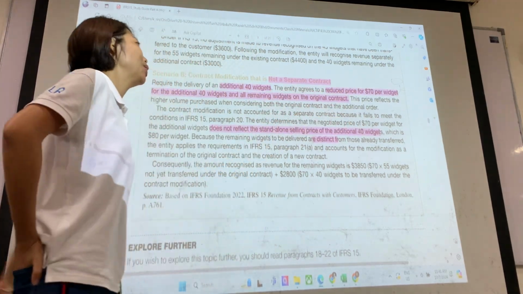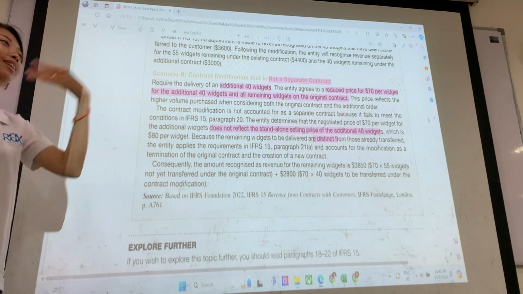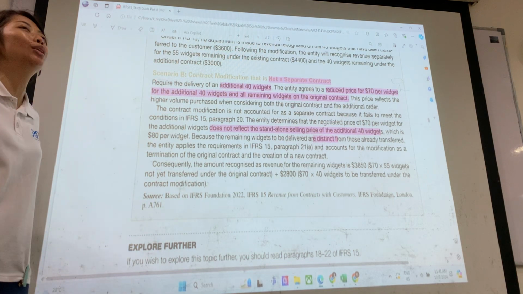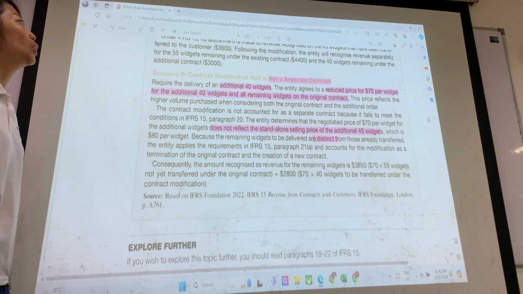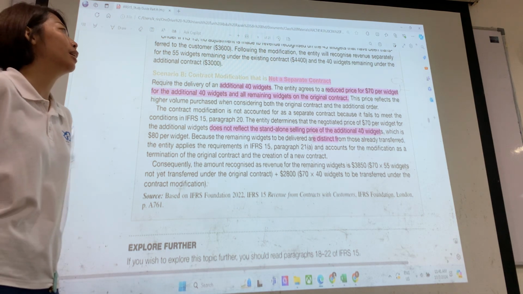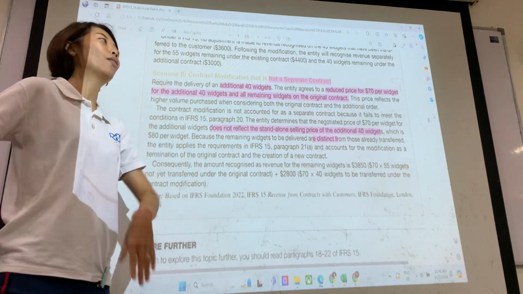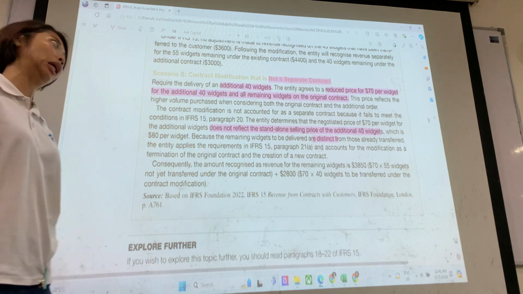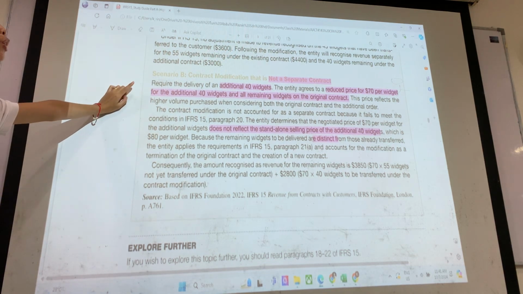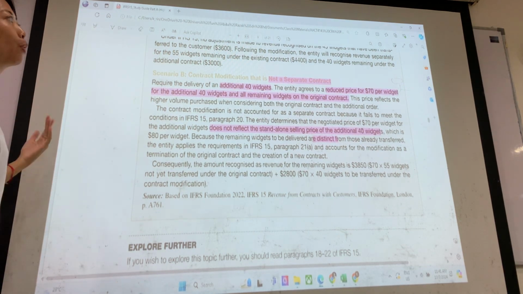So this is a position whereby we are at the weaker position, the customer is at a stronger position, or we want to motivate the customer to buy more from us next time. So we say, okay, for all the ones that we have not delivered to you, in one shot we give you $70, never mind, it's okay. Okay, so this modification, is it considered as a separate contract?